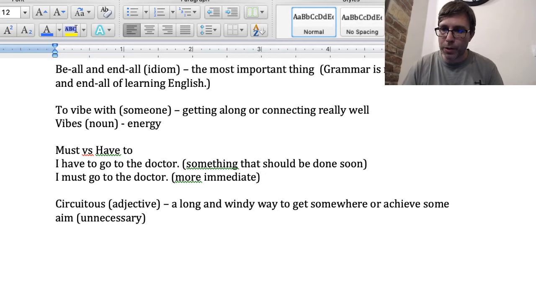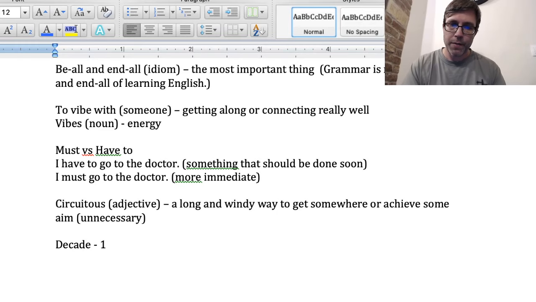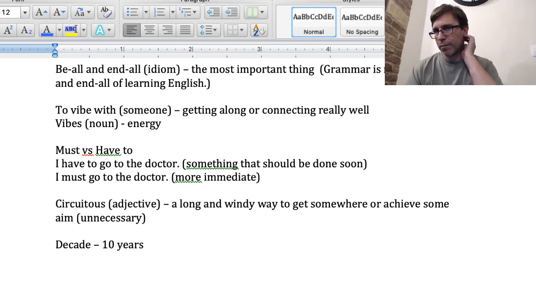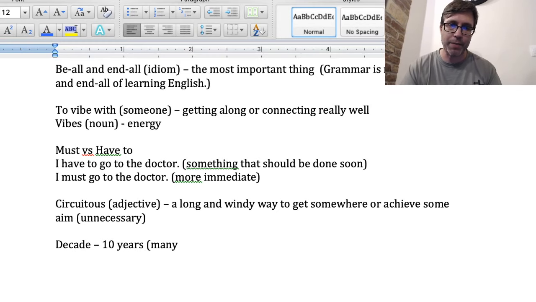So Takayo asked, when you say long decades, how long could it mean? Well, first of all, a decade is 10 years. I think most people, unless there's a specific example, would talk about many decades if they want to refer to a long time.